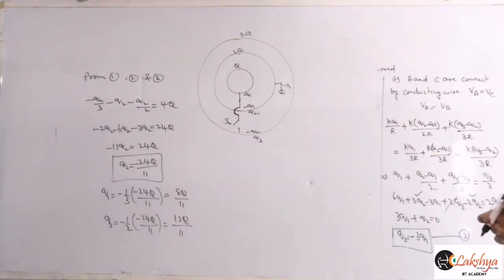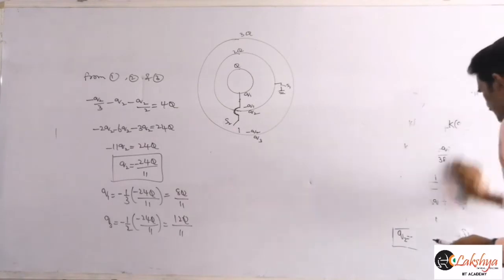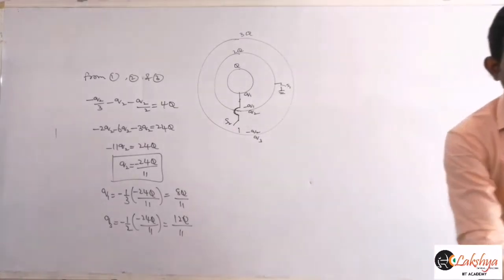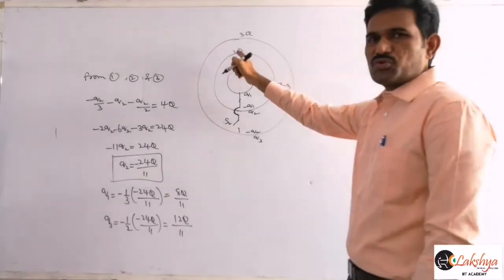For example, to find the charge flowing through the switch S1, that means this switch, the initial charge present on shell B is 2Q, right?